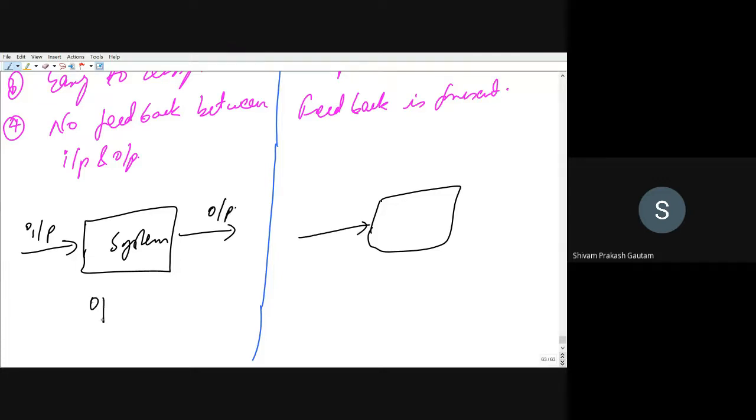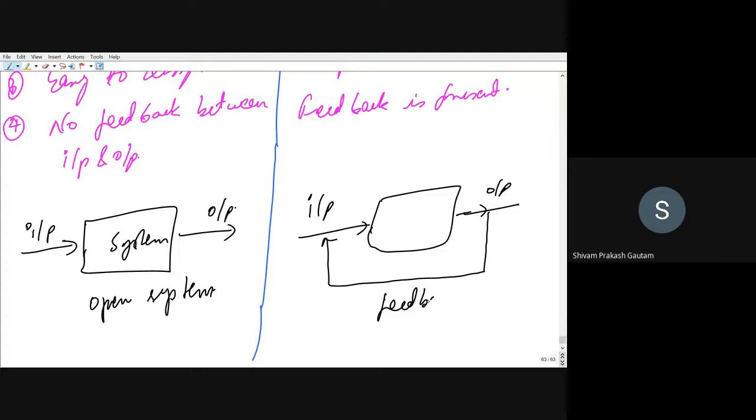This is called an open system, right? And in a feedback system, some amount of output it will give, similar to the previous case, but some amount of feedback will also be there, right? So this is called a feedback system. That is, some amount of output is again flowing to the input, depending upon the application or system.